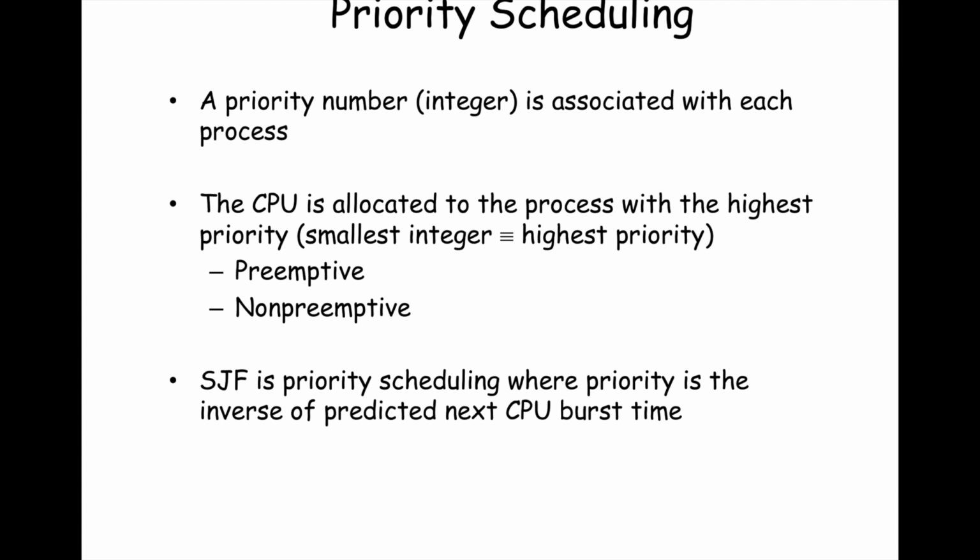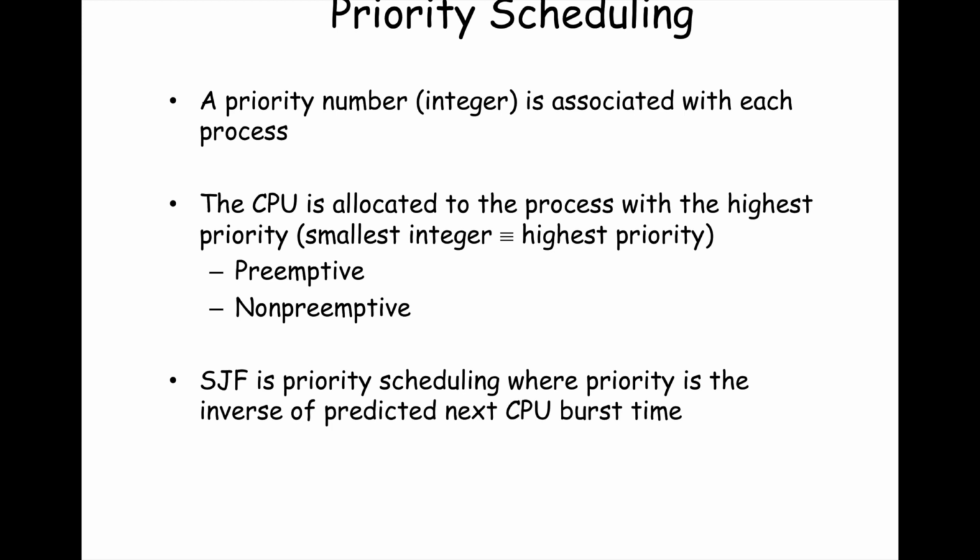This idea of priority-based scheduling has some issues associated with it, because the selection criterion is based on the highest priority, i.e. the lowest priority number. That means if you have two processes, P1 and P2, and let's assume P1 has a higher priority, so its priority number is, say, 5, and P2's priority number is, say, 10.